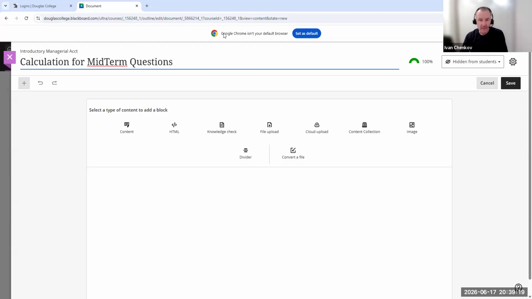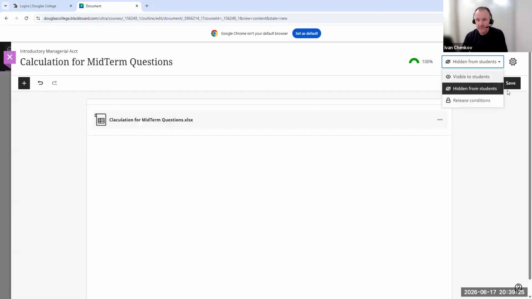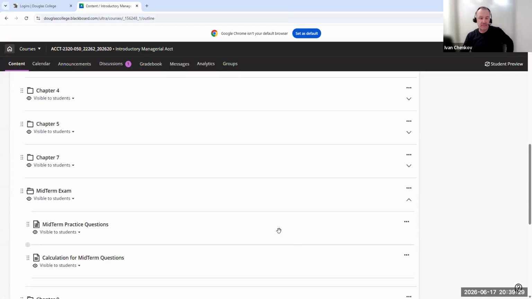Let's upload this file. Open. And that will be here, save. And visible and save, and you're good to go. So both sections have it. Questions?